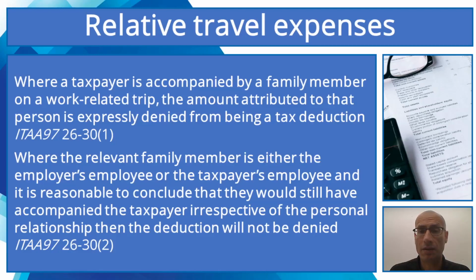So their position in the organization or in regards to that taxpayer as an employee is one where they would have gone on that particular trip even if there wasn't that family relationship. So in those situations, if there is some form of arm's length transaction or wages or such like in regards to the partner, it's an exception to the rule in 26-30, and you can claim a tax deduction in regards to that person.